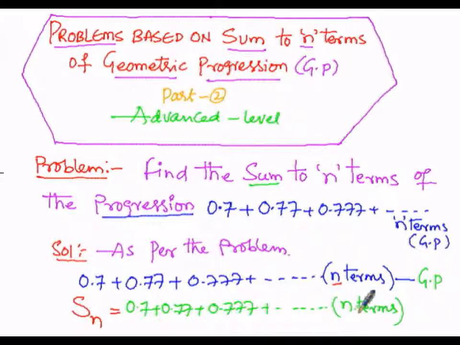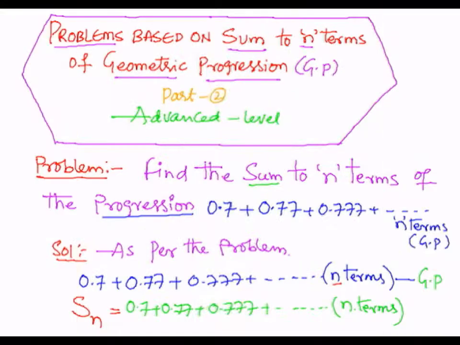Now here, in each and every term, 7 is occurring. Therefore I want to take 7 as common in each and every term. Then the next logical step is S of n is equal to, when 7 is taken out as common, the first term will be 0.1, since 0.1 into 7 is 0.7.